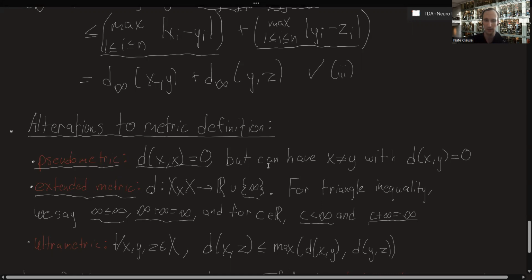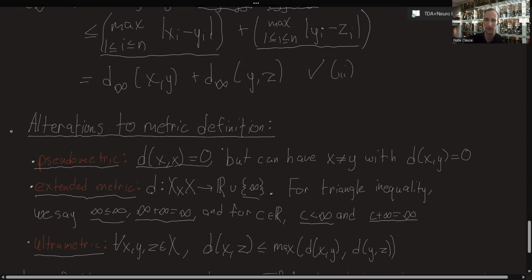The last type of alteration to the metric definition that I want to state, which is closely tied to the notions of clustering you discussed in lecture, is that of an ultrametric. So both pseudometric and extended metric were relaxations of the definition of metric.